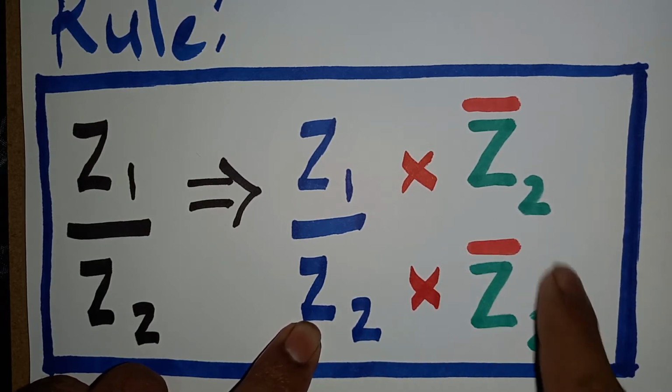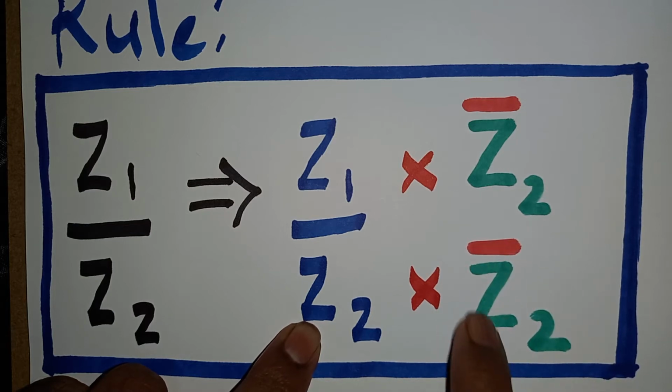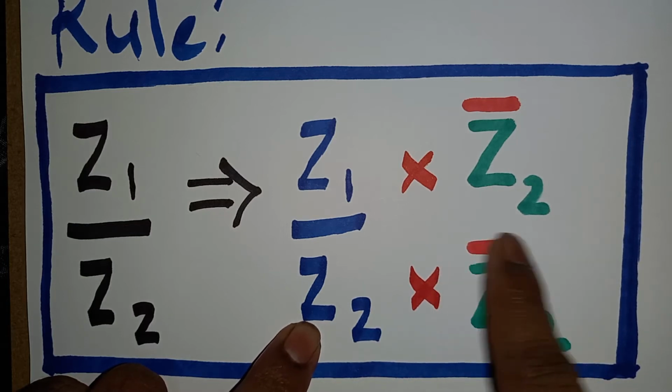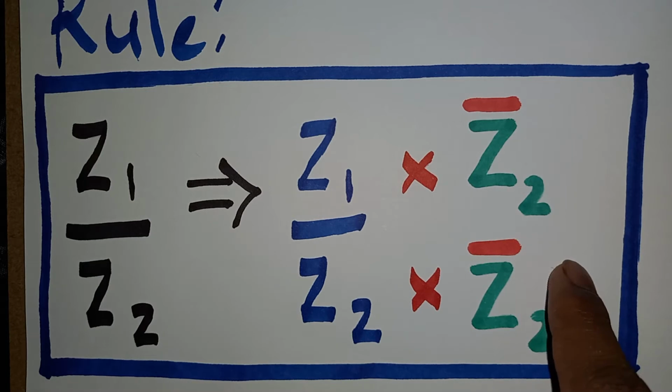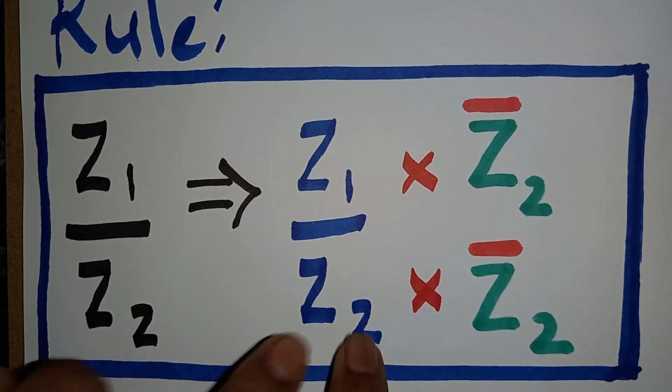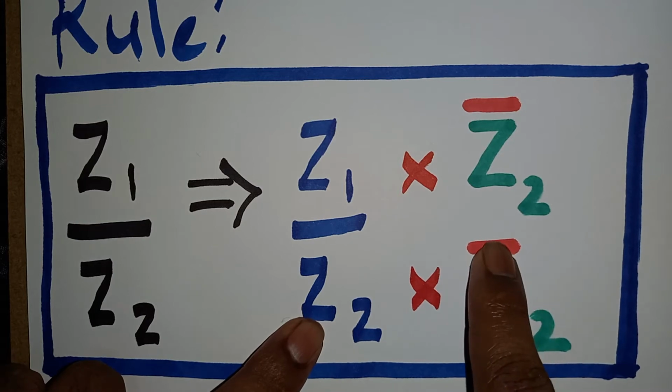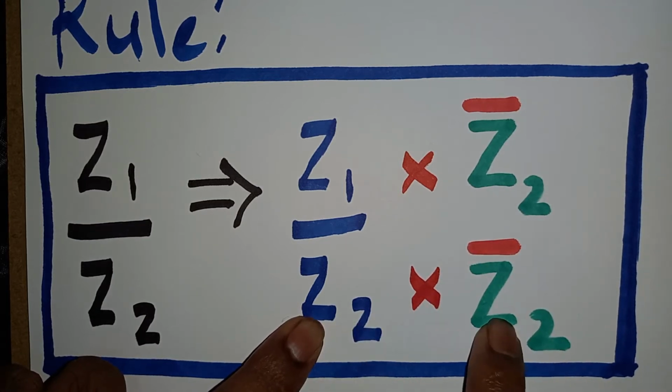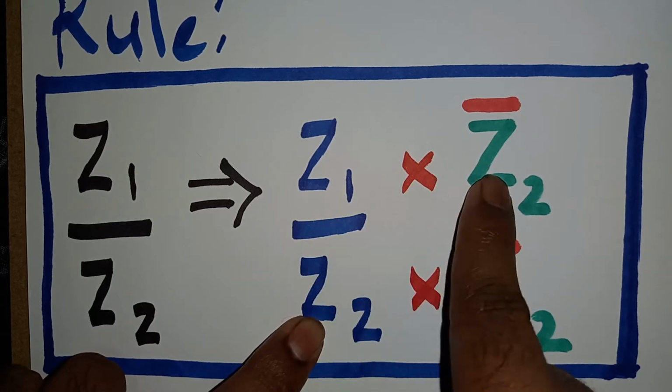Now this is called the conjugate. When you have a complex number and on top of that a hat, that is known as the conjugate of that complex number. So z2 and z2 conjugate, z1 times z2 conjugate.